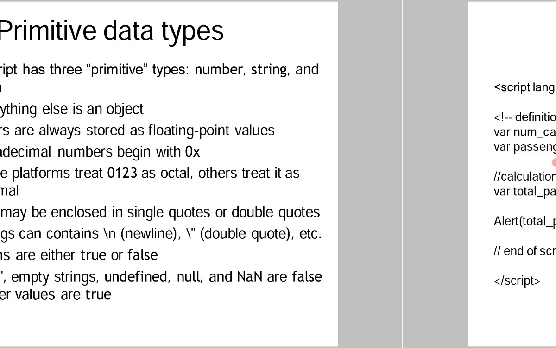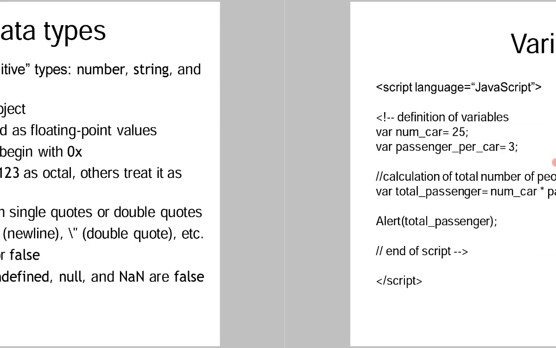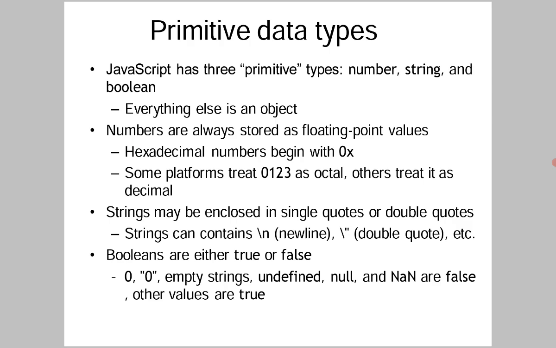As we discussed earlier, all numbers are treated as decimal numbers in JavaScript. Strings may be enclosed in single quotes or double quotes. In JavaScript and other languages also, anything written between single or double quotes is treated as a string.